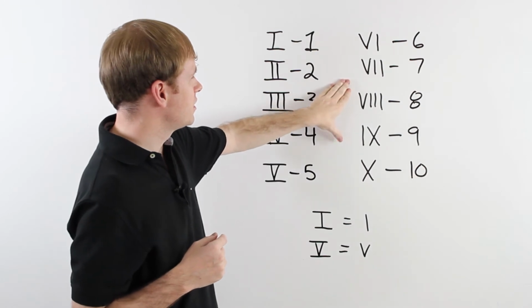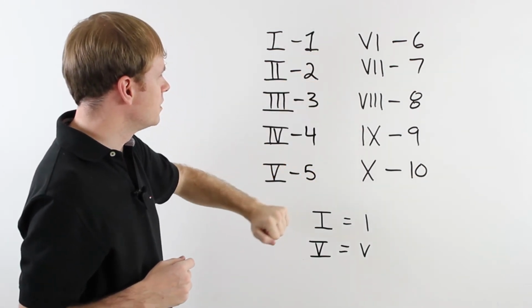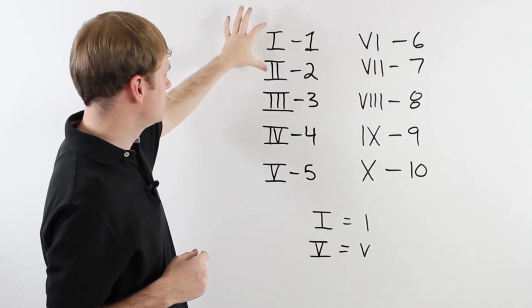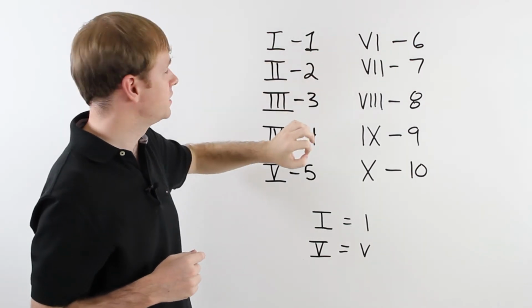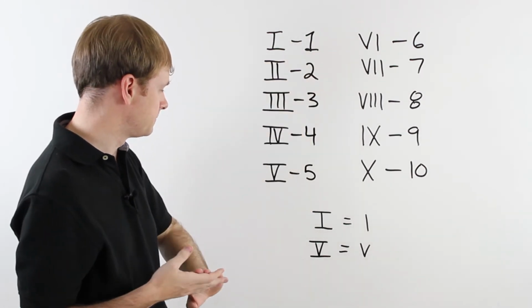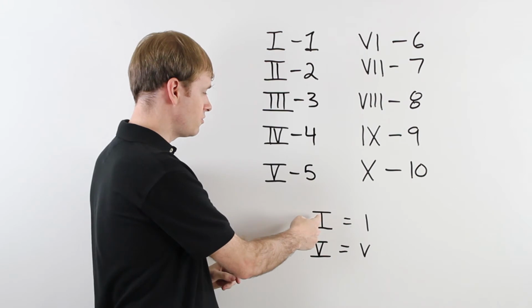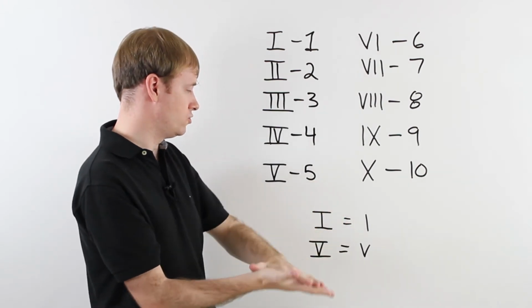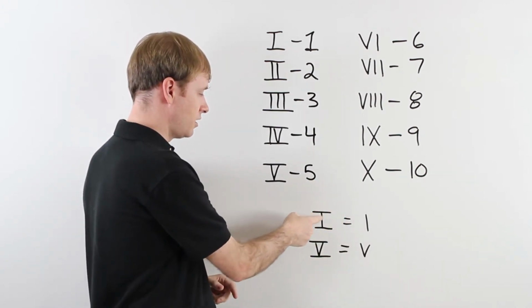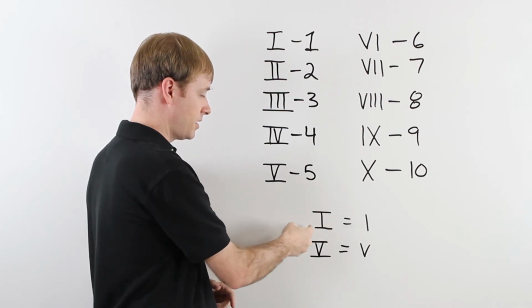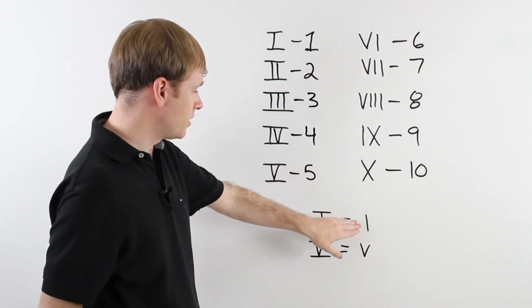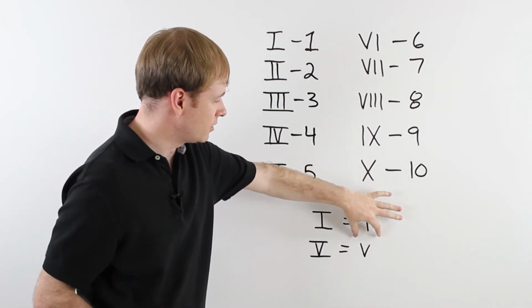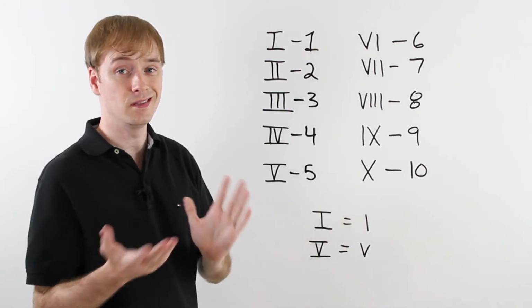Let's go to the next side, 6, 7, 8, 9, 10. Now, if you notice, I wrote them a little bit different. And let's go down here first. Now, you can write the Roman numeral 2 styles. One style is with a line at the top and the bottom. And another style, there's no line, okay? This and this mean the same thing.